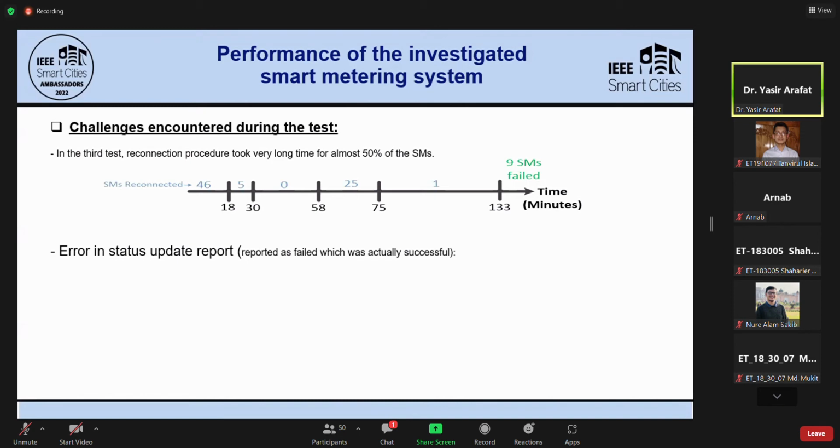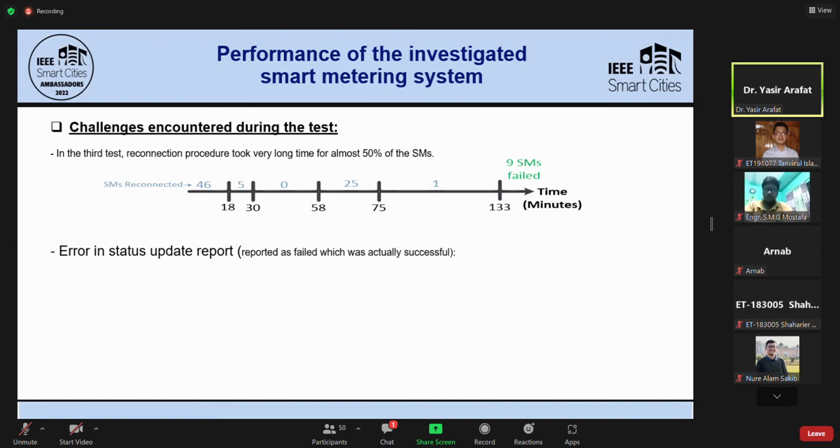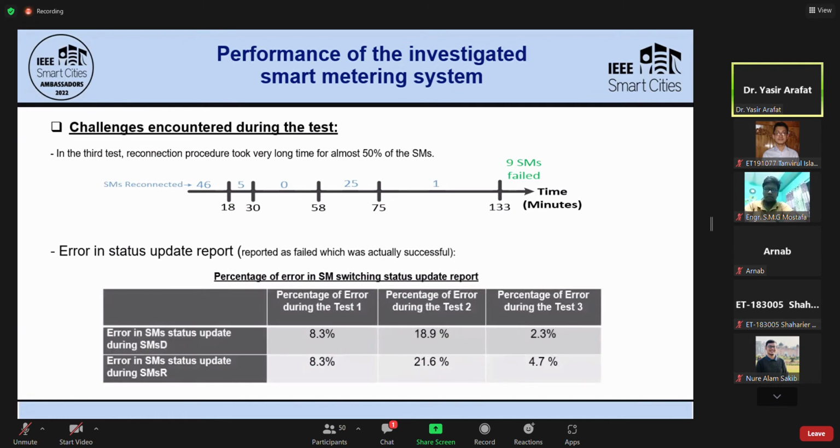It was reported as failed, but actually it was successful. If we look at the percentage of error in the smart meter switching report, we found 8.3% error during test 1, 18.9% during test 2, and 2.3% during test 3. So these are the statistics about the error in the status update report.